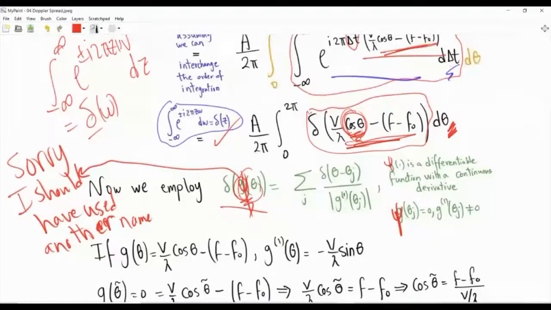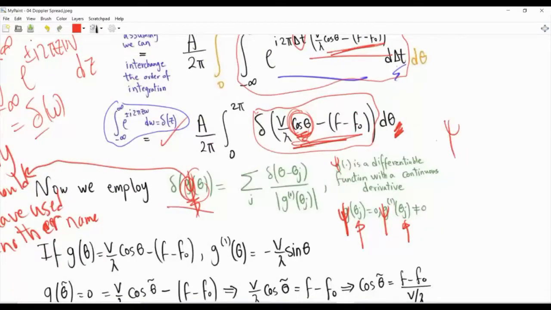If the function is equal to 0 at theta j, the first derivative of the function should not be equal to 0 at the same theta. So the conditions are: psi is differentiable, its first derivative is continuous, and there is theta j such that psi of theta j is equal to 0 and the first derivative evaluated at theta j is not equal to 0.